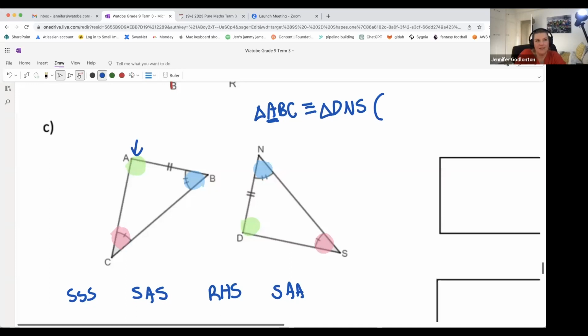Don't panic though. Let's talk this through. What we've got over here is we have an angle over there. We've got another angle over there. We've got an angle here. We've got another angle there. And then we have a corresponding side. So we're going to have angle, angle, corresponding side. Absolutely. Nice job. You did good.